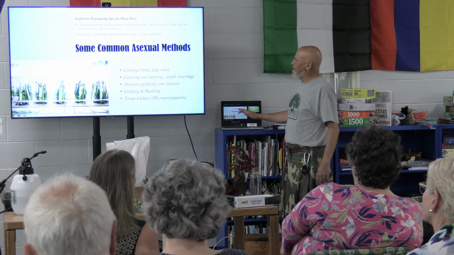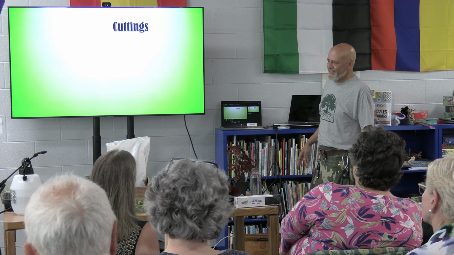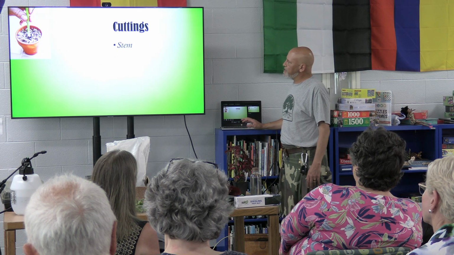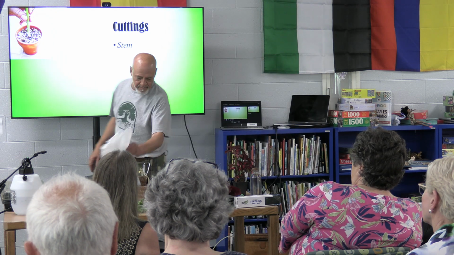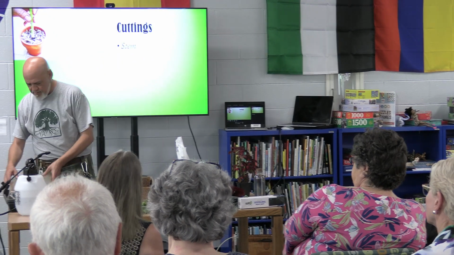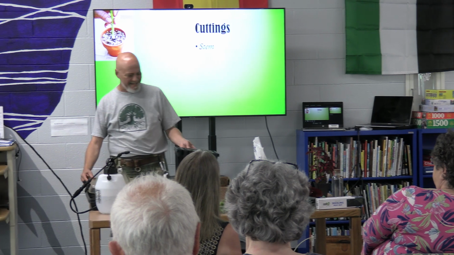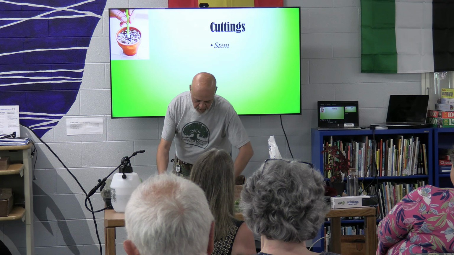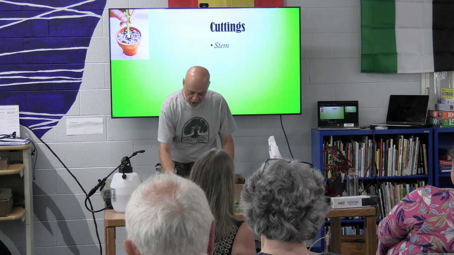So, let's talk about some cuttings. I could do a bunch of different cutting stuff today. Stem cuttings. Okay. So we have our little thing right here. Like I said, I like the smaller cells. In the propagation world, it's all about roots. It's all about getting roots.